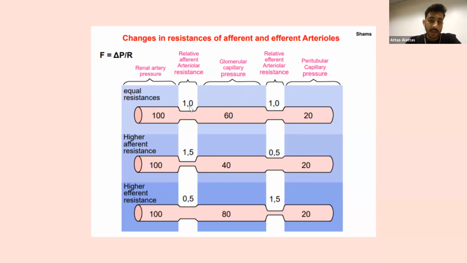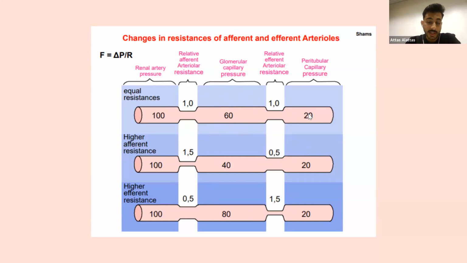So if the total resistance is equal, here in the first case it's 2. In the next case you increased 1 and you decreased 1, but the total resistance is still 2. In the third case you decreased 1 and you increased 1, but the total resistance is still the same.